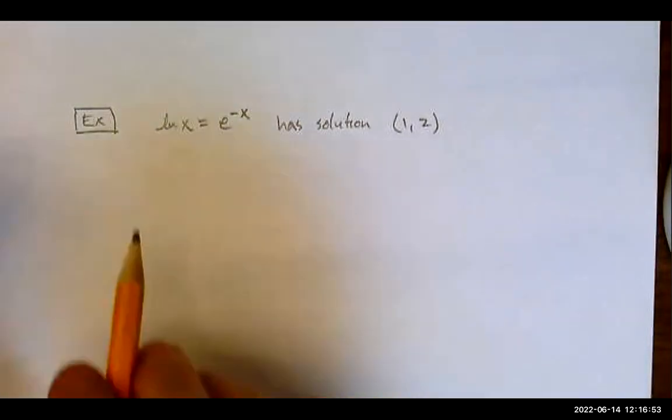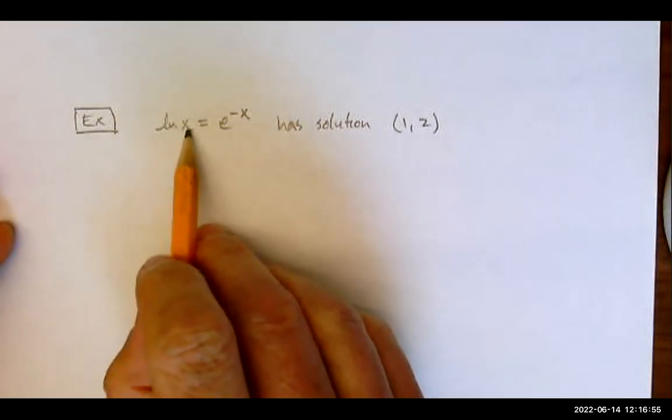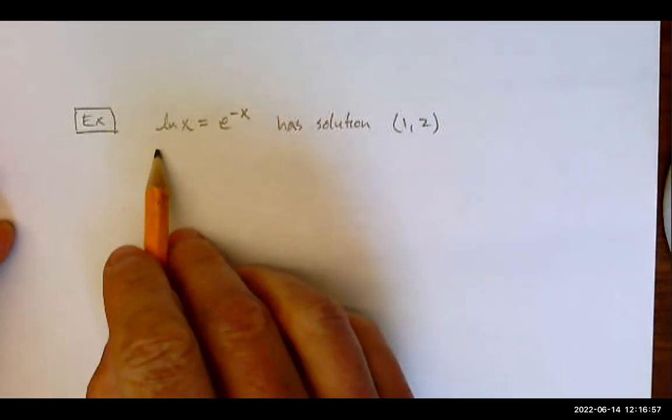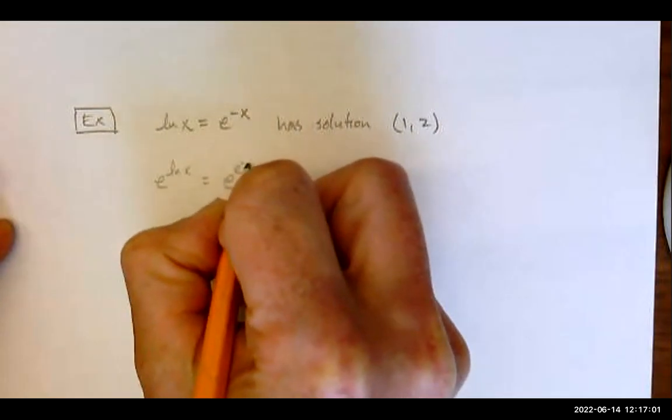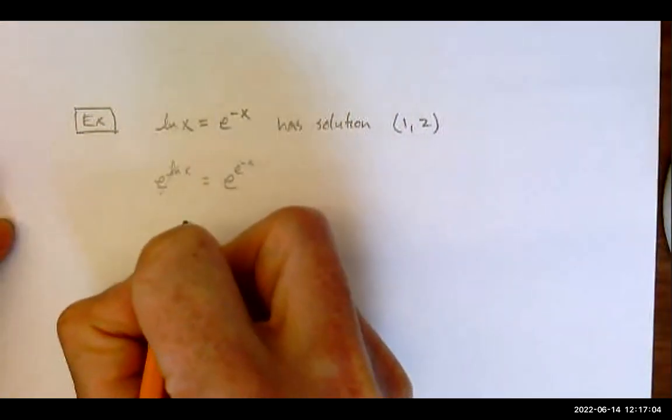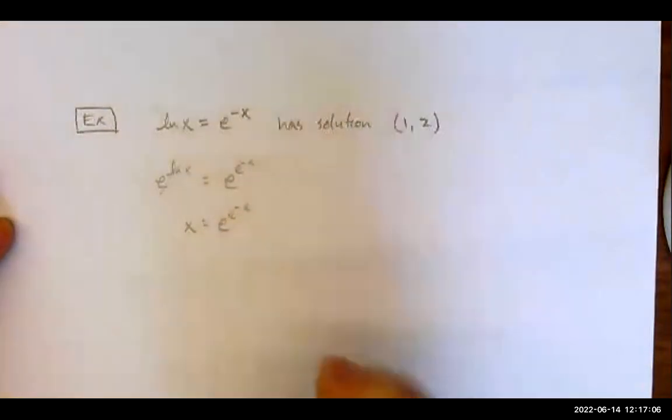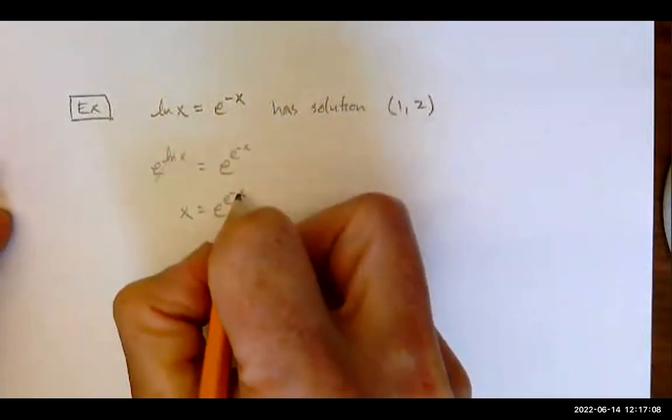Just kind of play around. If I said, well, what if we want to get this x by itself? We should put both sides in the power of e. Sure, that would cancel here, but we haven't solved for x because we still have it on the right side.